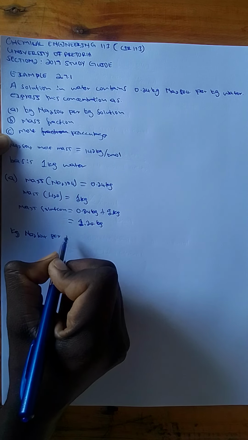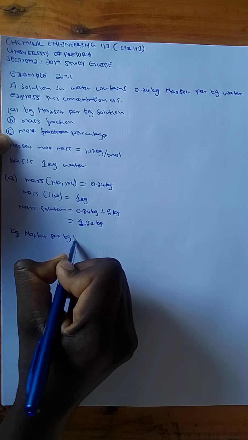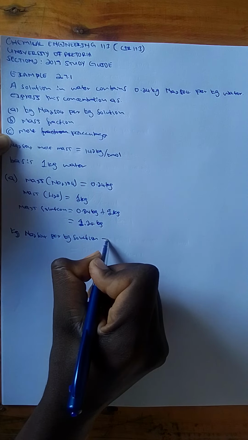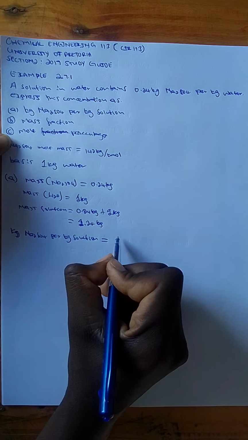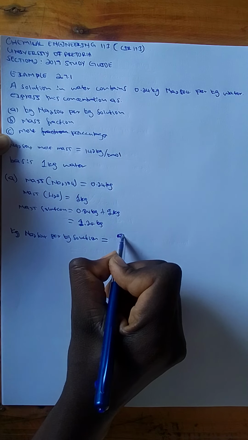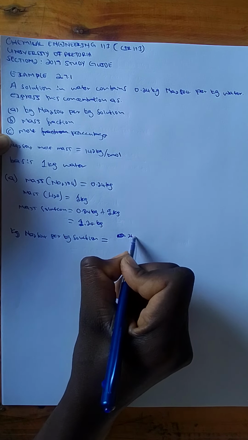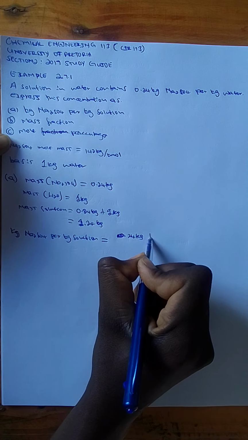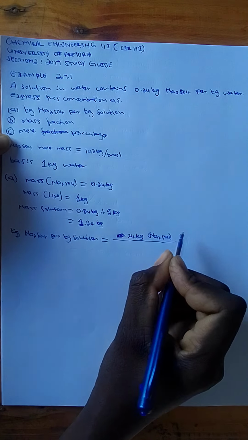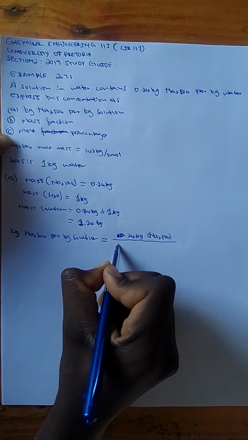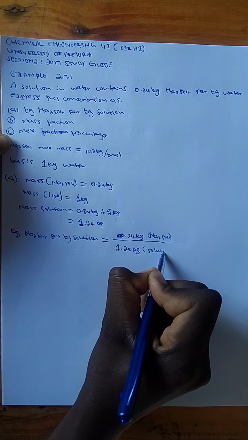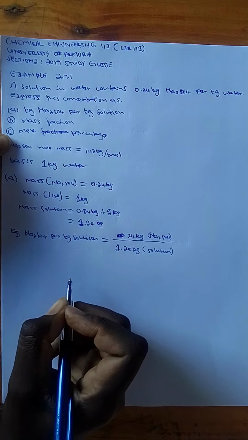Kilograms Na2SO4 per kilogram solution equals 0.24 kilogram Na2SO4 all over 1.24 kilogram of the solution.